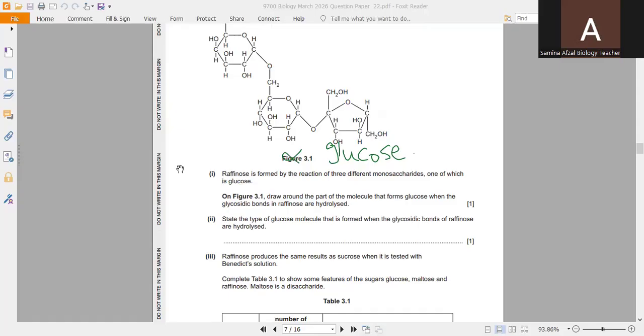So here you can see when it joins with the fructose, it means the OH was in the downward direction. So it indicates that the original hydroxyl group on carbon 1 was in the alpha position, that is pointing in the downward direction. So this is the alpha glucose.